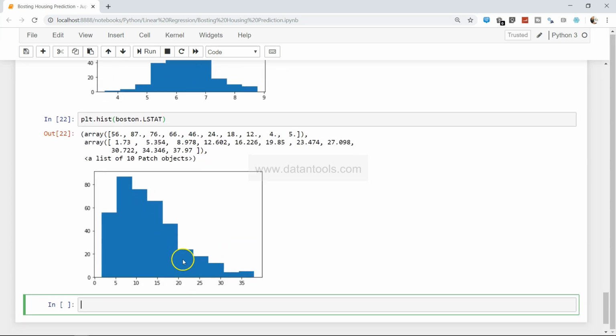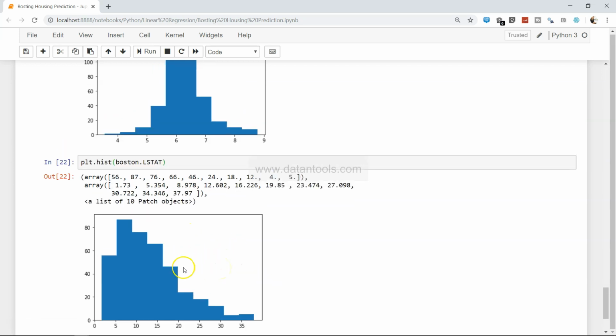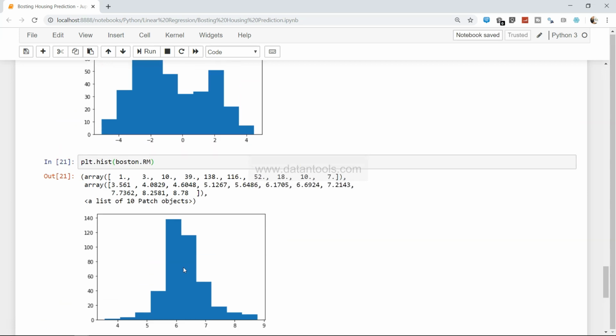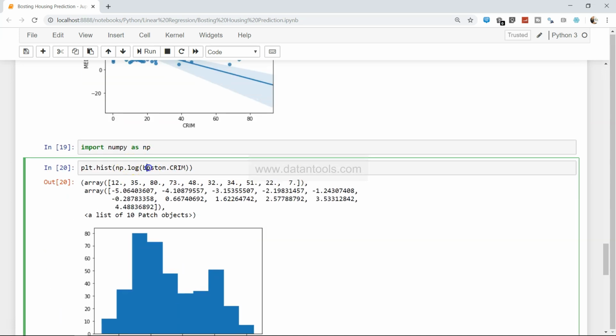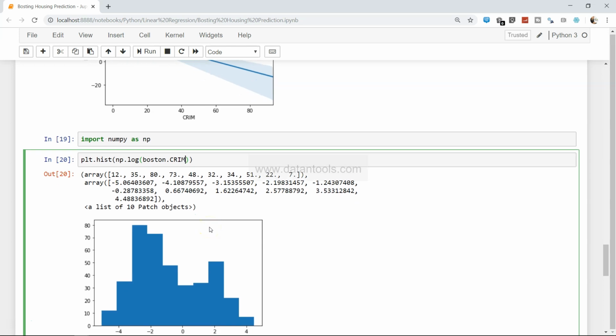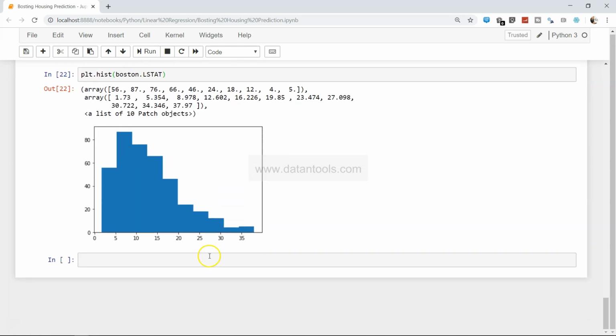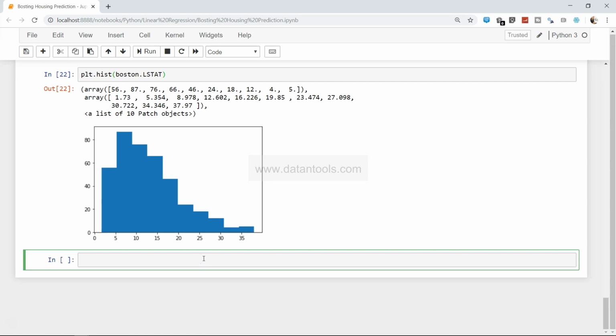So it is slightly right skewed. So in these cases we don't have to do a lot of log transformation. It's just that in the case of the crime data, the data was not properly distributed, so that's why we had to take the log for normalizing the data for the histogram.